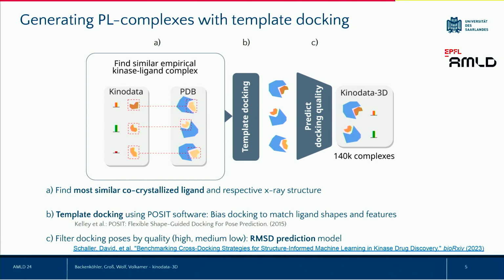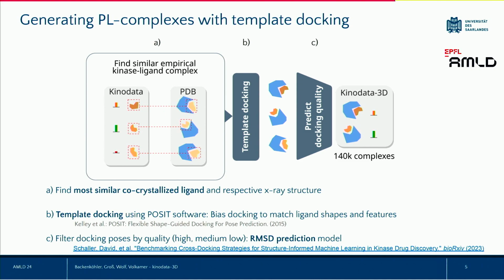So we compare the ligand in the empirical crystal structure with the ligand we have in our activity data. This way we get a kind of puzzle that can be solved by template docking. This process takes the Kinodata ligand and squeezes it into a similar pose as the template ligand was in.